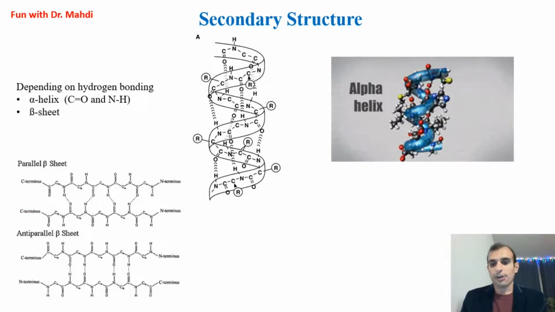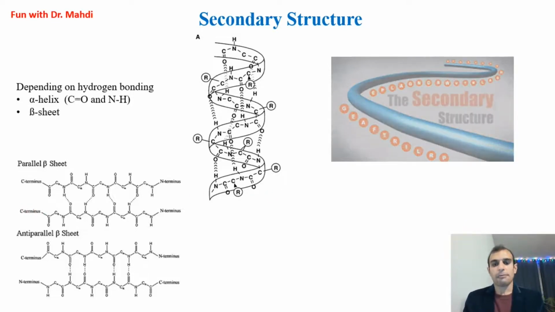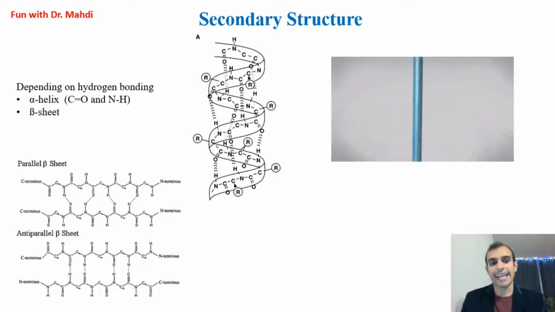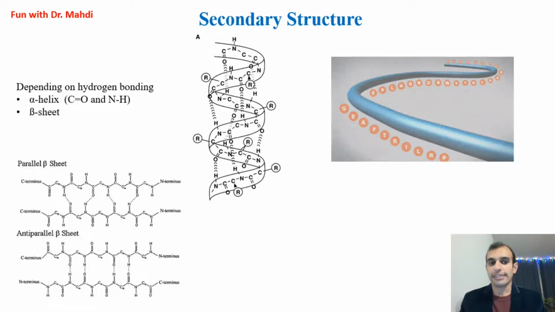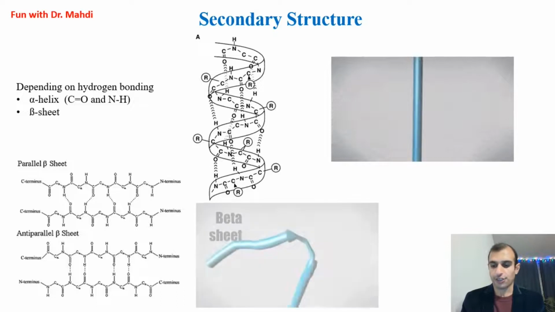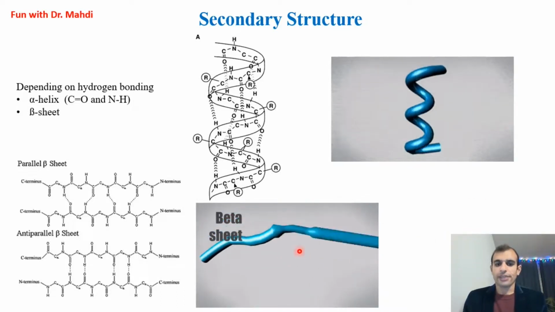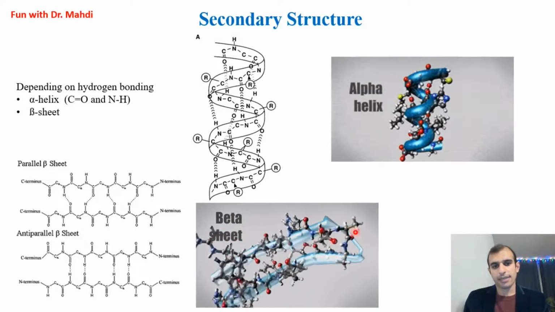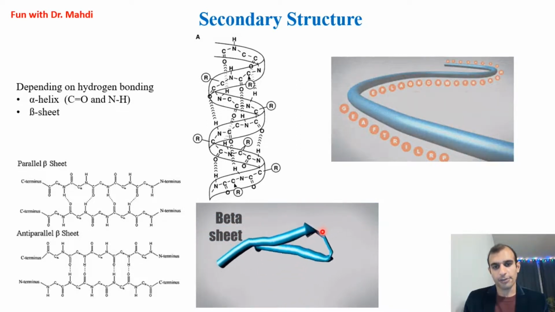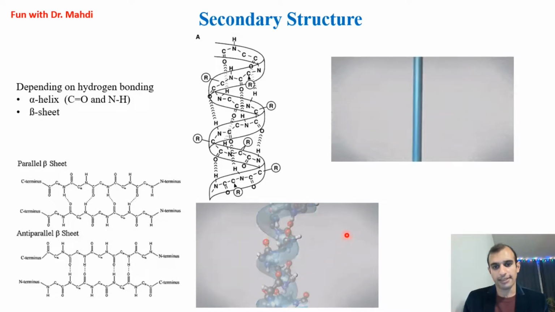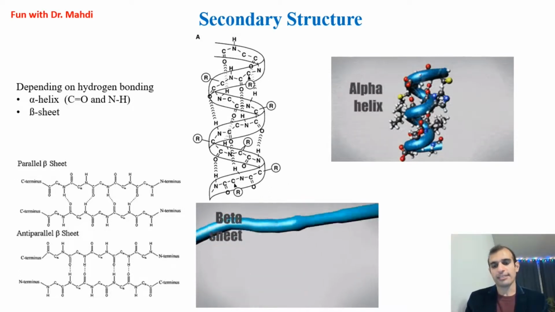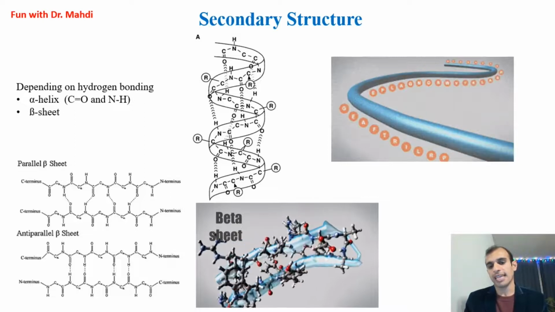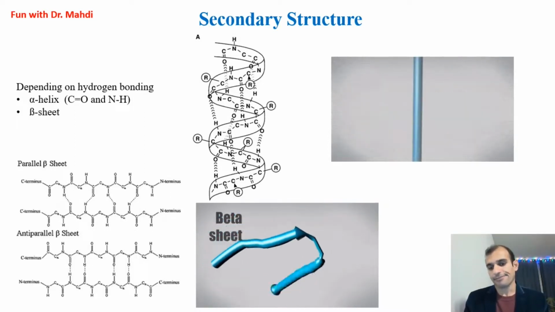Antiparallel beta sheet is more stable than parallel beta sheet, because of nice alignment of hydrogen bonding in the antiparallel beta sheet. Here you can see the beta sheet structure, I mean hydrogen bonding between two different strands. Also please note two strands can be the same or different.